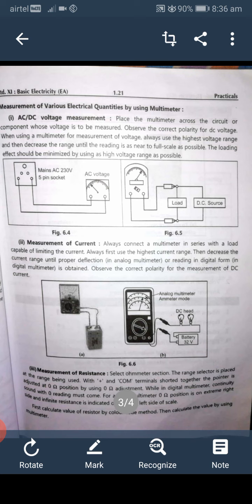While in a digital multimeter, a continuity sound with 0 reading must come. For an analog multimeter, the 0 ohm position is on the extreme right side and infinite resistance is indicated on the extreme left side of the scale.